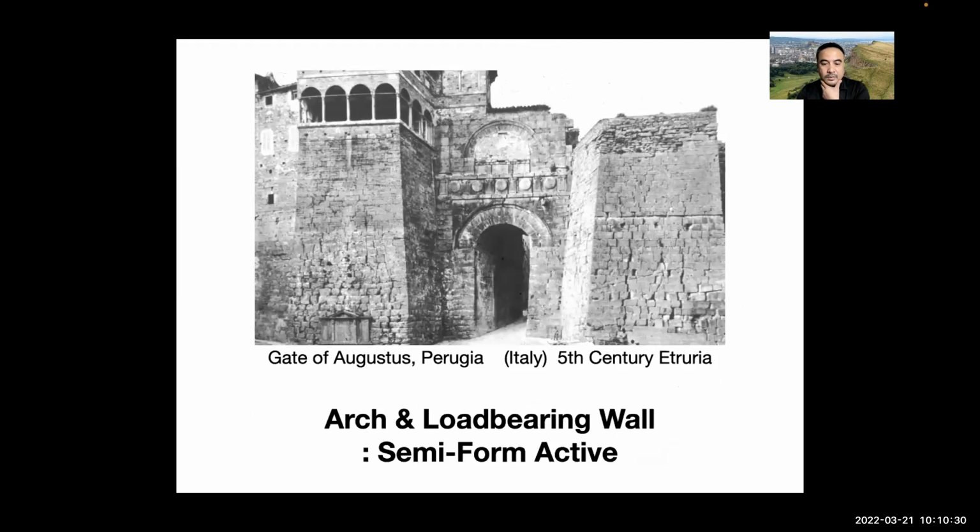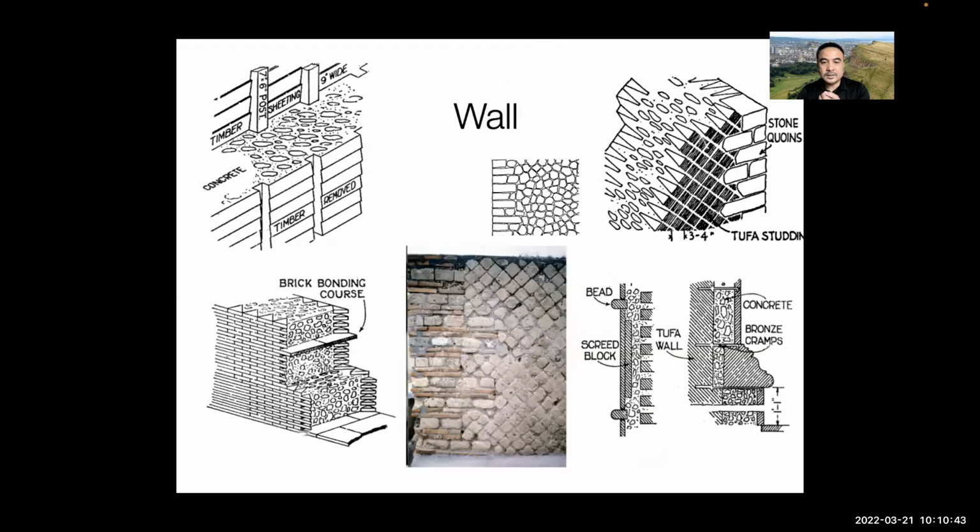Arc, load-bearing wall, semi-form active, right? Stones were put together with mortar, linked together, very strong. These are the elements of the wall, how they built it, right? You see this is the detail of a Roman wall.